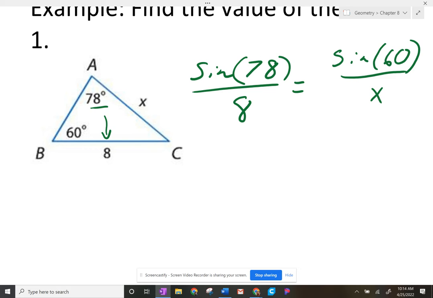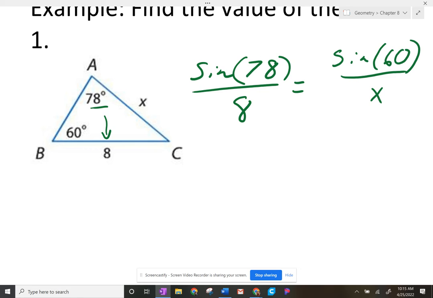To make things a little bit easier, we're just going to punch this stuff in so we can work with decimals. So I've got sine of 78, which on my calculator I got 0.978. You guys got that one? Anybody's calculators switched since last time we did some work?